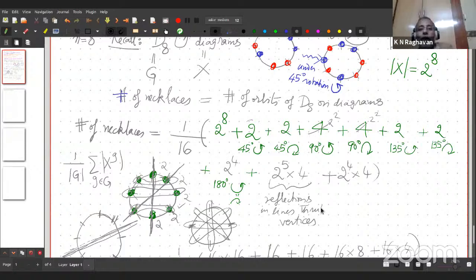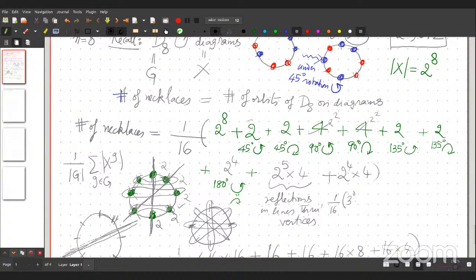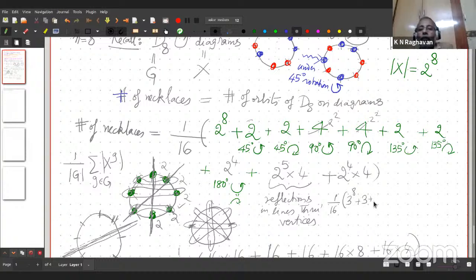So for 3 colors, the answer will be 1 over 16 into 3 power 8 plus 3 plus 3 plus 3 square plus 3 square plus 3 plus 3 plus 3 power 4 plus 3 power 5 into 4 plus 3 power 4 into 4. There you go. We did it in less than 30 seconds. Now you can compute this and come up with the answer. You see how beautiful the method is.